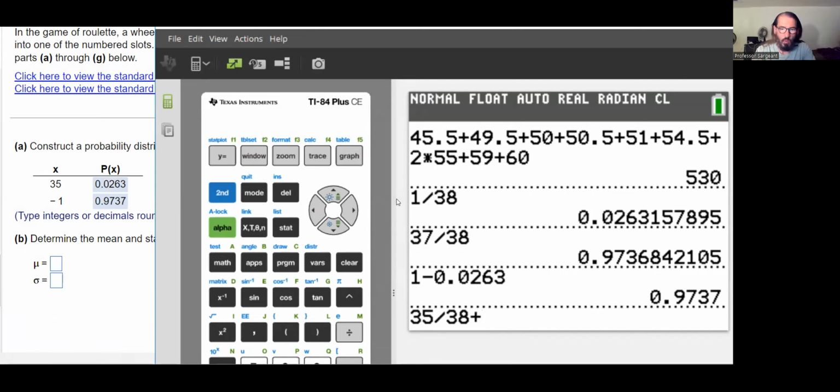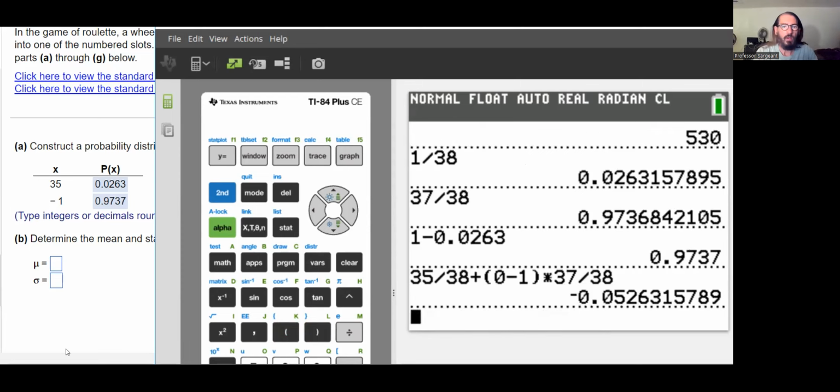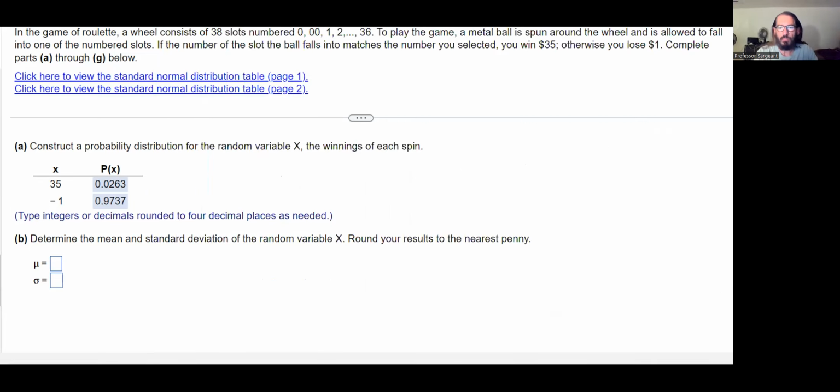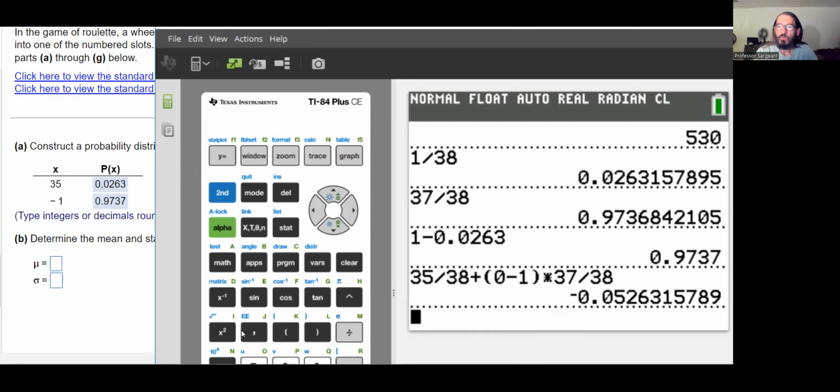So I'm taking score times probability of that score. Can't get to my negative sign here, so I'm going to work around that. That was happening 37 out of 38 times. Now they may want us to have used the rounded stuff, but let's see what happens. Round to the nearest penny. So that would round down. I would expect on average to lose 5 cents.